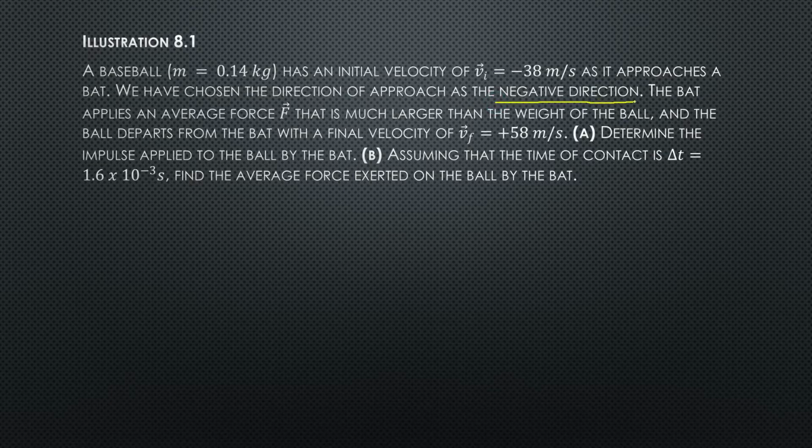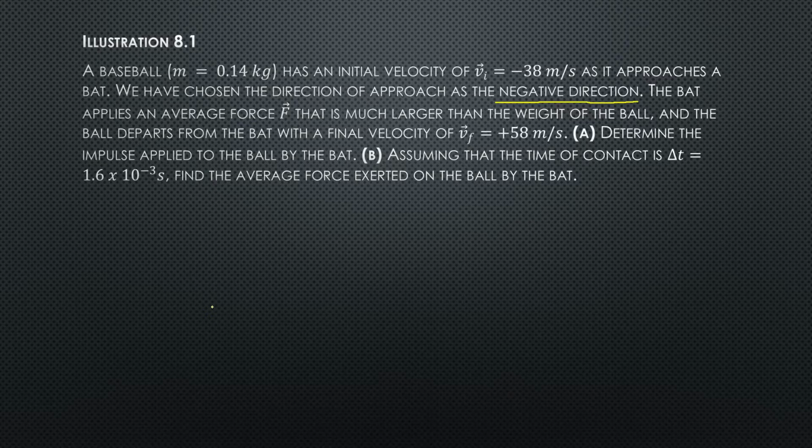The bat applies an average force that is much larger than the weight of the ball, and the ball departs from the bat with a final velocity of positive 58 meters per second. For letter A, determine the impulse applied by the bat, and for letter B, assuming that the time interval is 1.6 milliseconds, find the average force exerted on the ball by the bat.